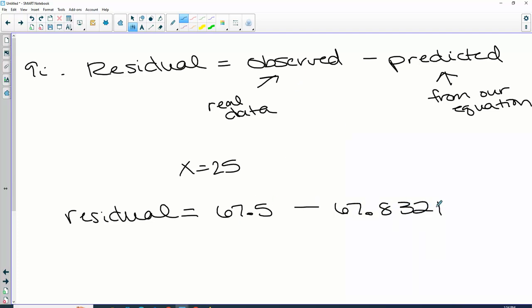So the first one's from the table, the second one's by plugging it into our equation. When you subtract those, you get our residual: negative 0.3321. Is that okay?